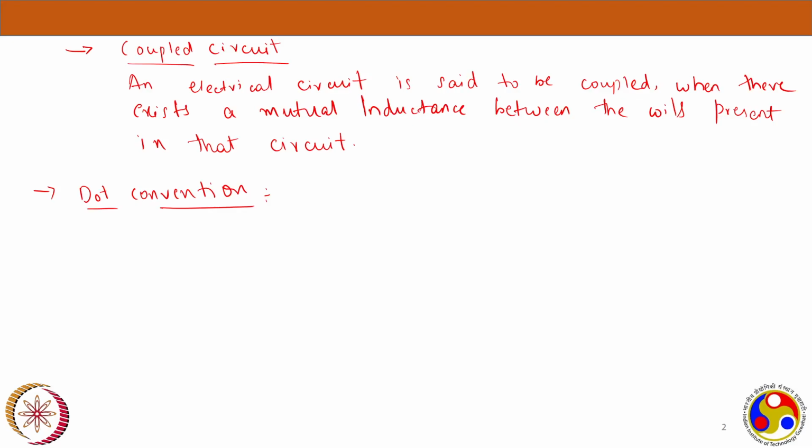Because if you are trying to write a KVL equation for a circuit, or solve some nodal equations, the polarity of the voltage across a particular component is very important. To know that polarity, dot convention helps us.